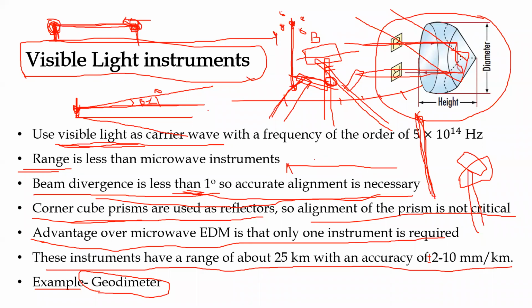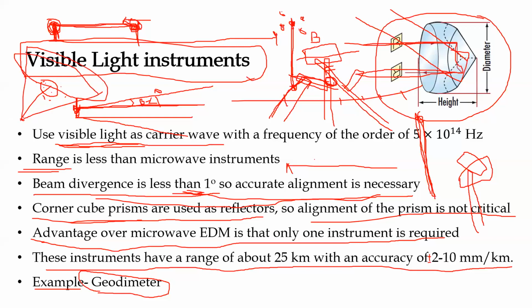So if I see the top view, this is the instrument, and somewhere your reflector should be in this region, exactly here. But if you are placing a reflector here or somewhere there, then it will be a problem because the beam doesn't diverge. If the beam diverged, it goes like this, then it can capture this whole area.